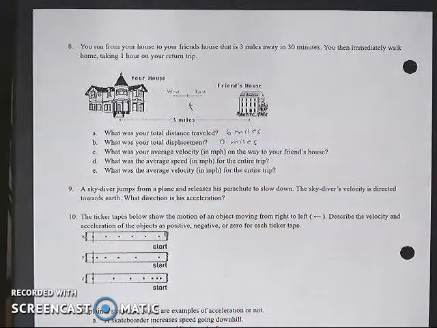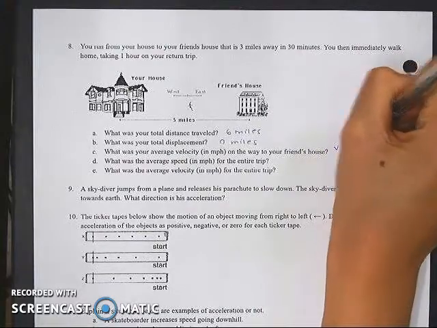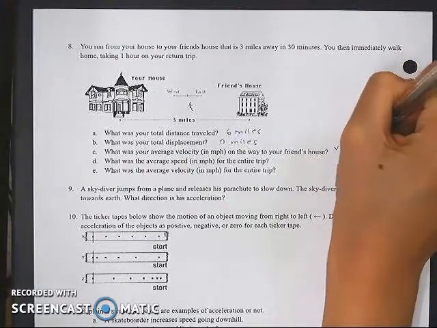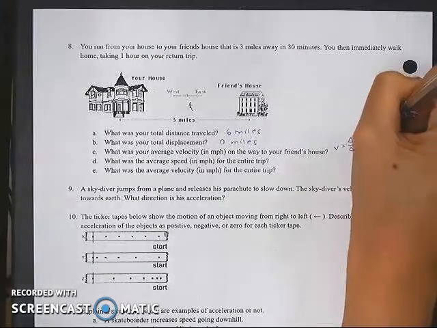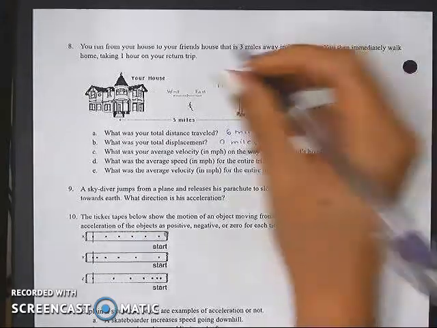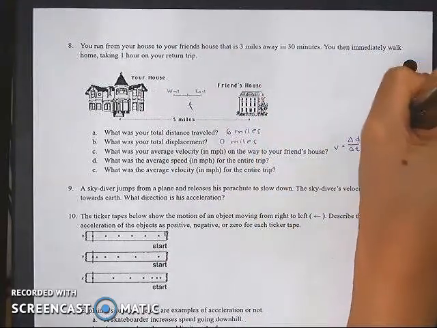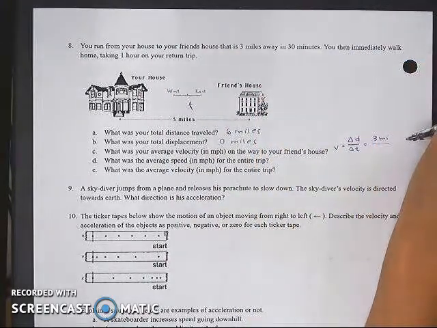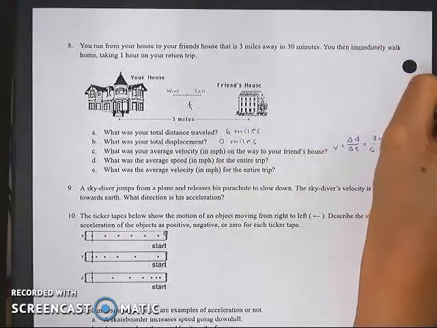All right, C, what was your average velocity on the way to your friend's house? Well, velocity, remember, is the change in displacement over the change in time. If you're going from your house to your friend's house, your displacement in this case is 3 miles, and the total time it took was half an hour, so 0.5 hours.